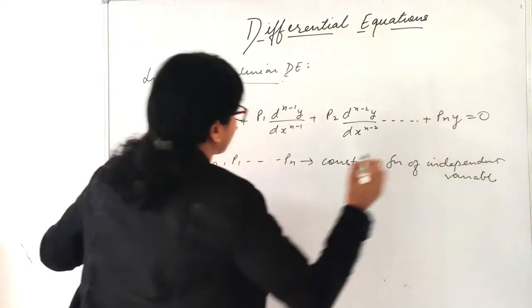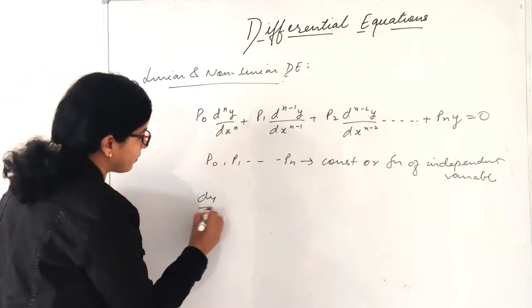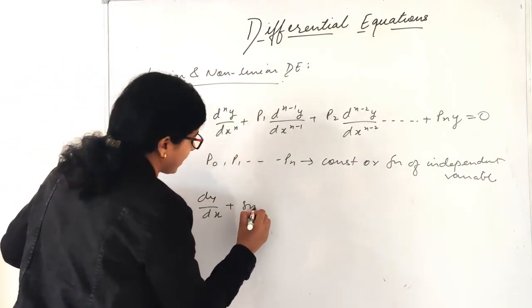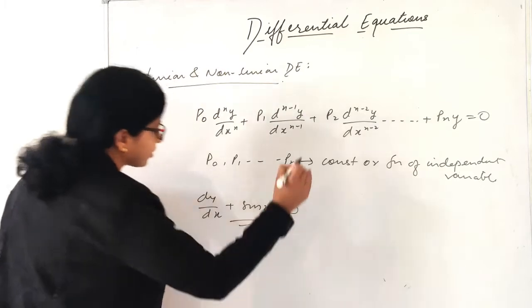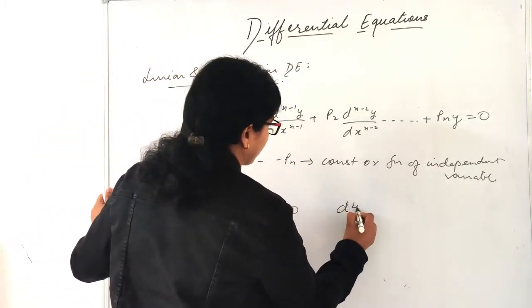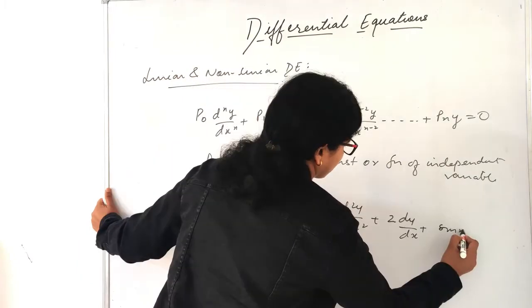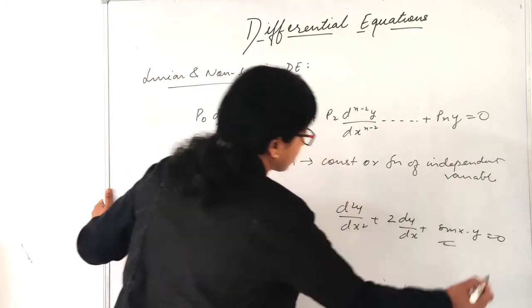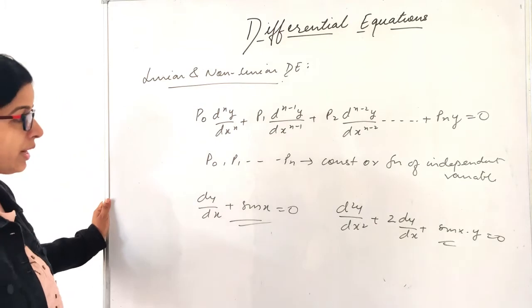Say for example, dy/dx + sin x = 0. This is a linear differential equation. It can also be of this form, which is also a linear differential equation.